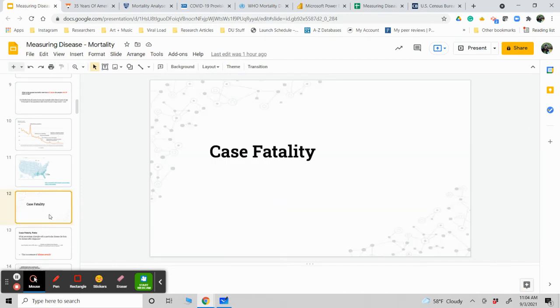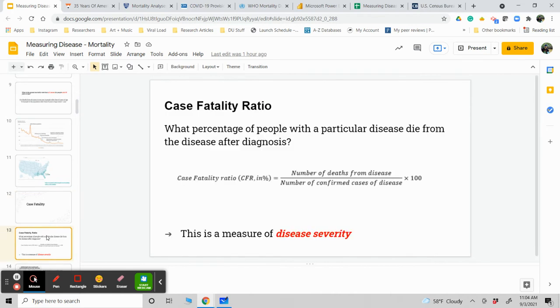So our second indicator, case fatality. Case fatality tells us about the severity of a particular disease. So the equation for this is the number of deaths from a given disease divided by the number of people diagnosed with that disease.